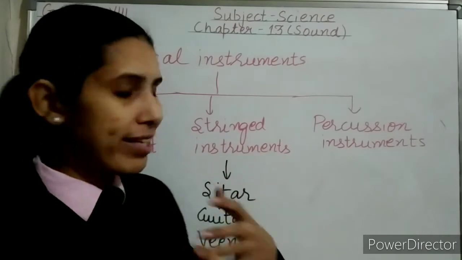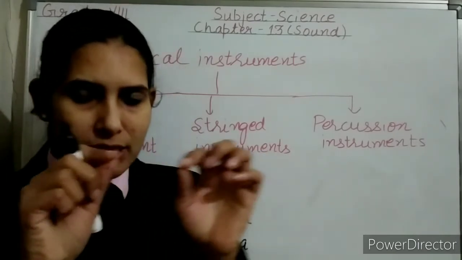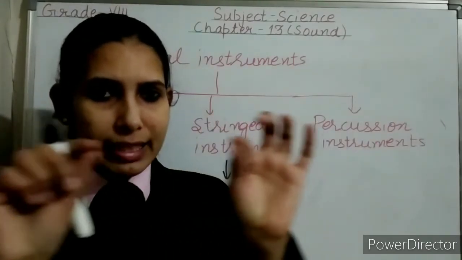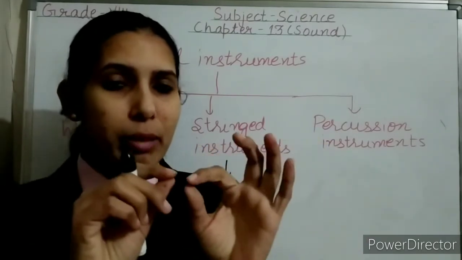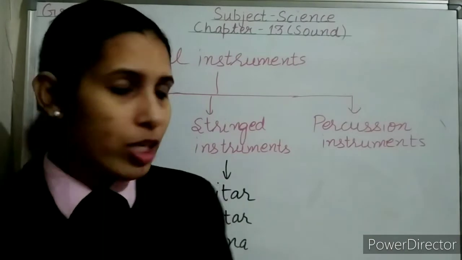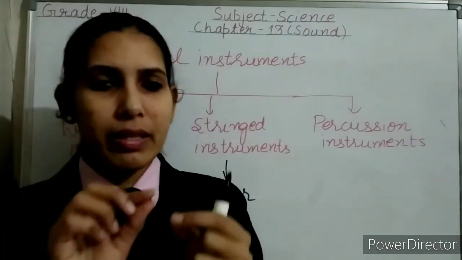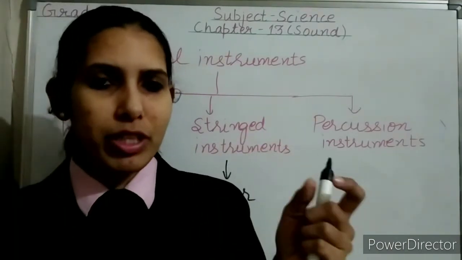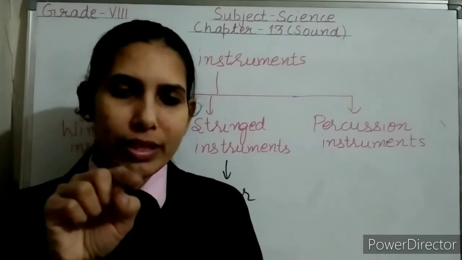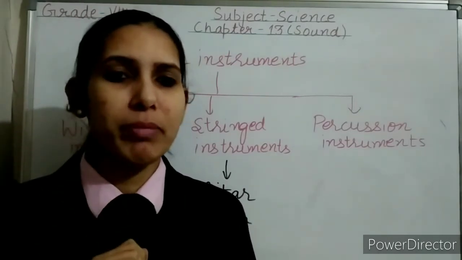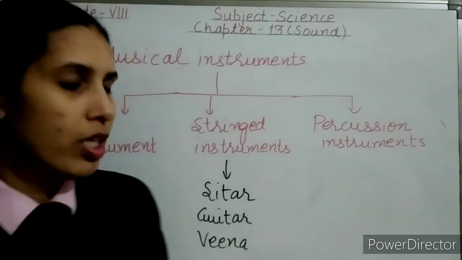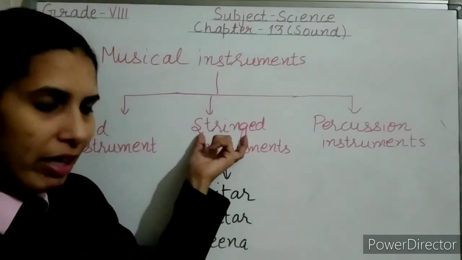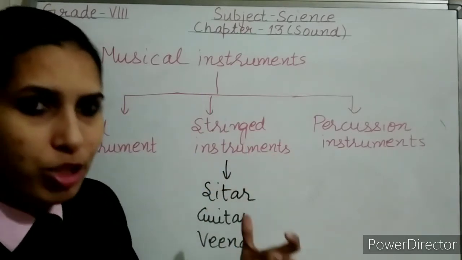In stringed instruments, there are strings that are fixed tightly between two points. String means a piece of thin wire. So what happens when the string is plucked from the middle? The string vibrates and sound is produced.